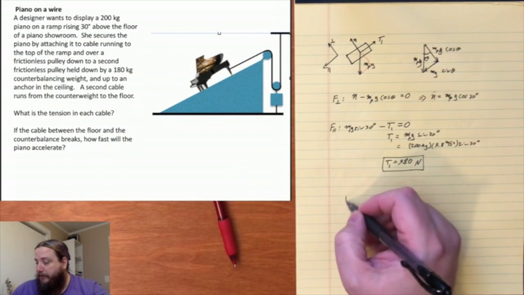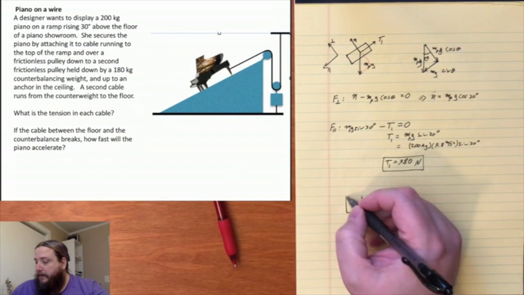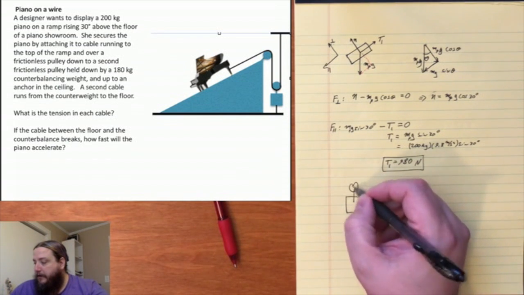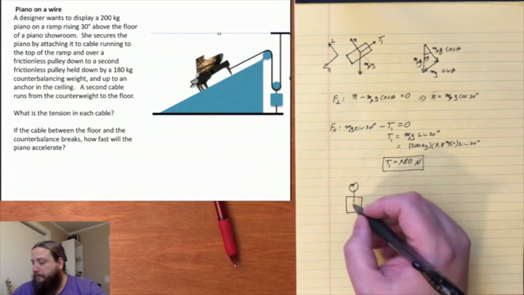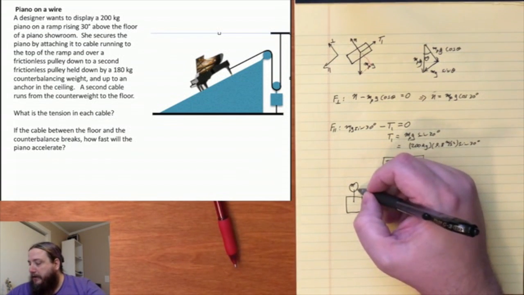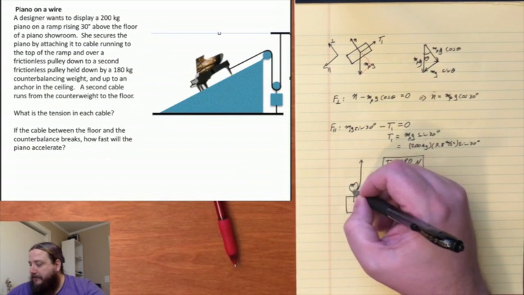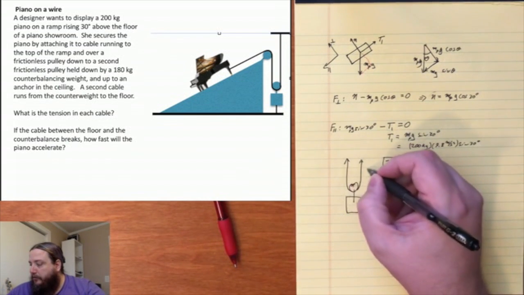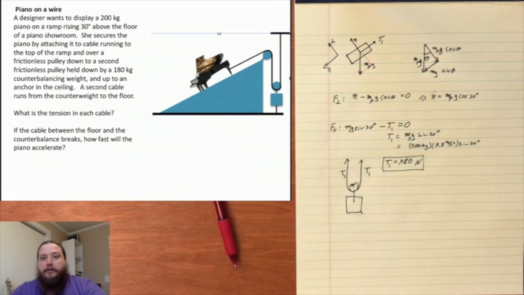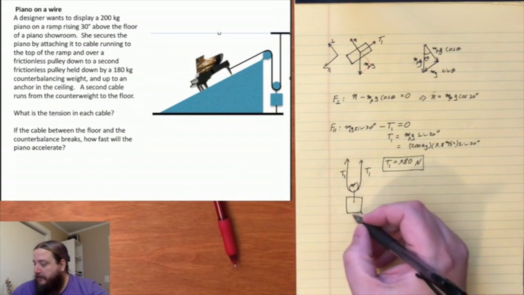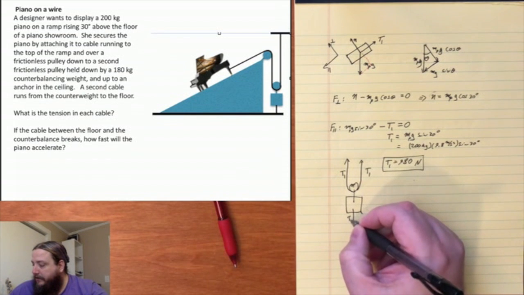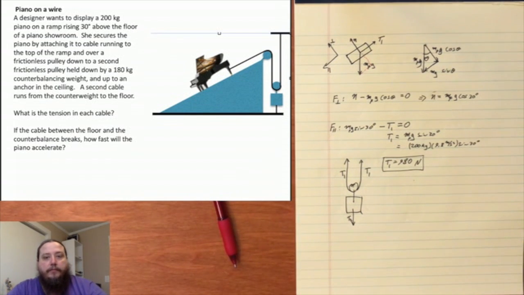And so to calculate this, we have to do a free body diagram of the counterweight. I'm going to draw the pulley on the counterweight as part of it. We have, as I said, 2 times the upward tension force from the cable that's holding the piano going upward. We also have a downward tension force, a different tension, tension 2.